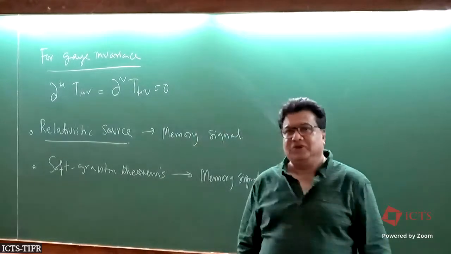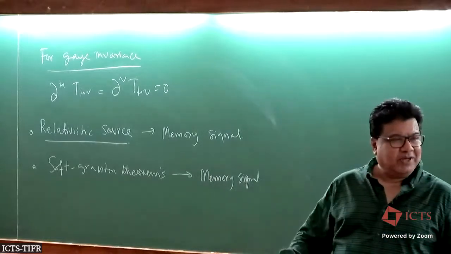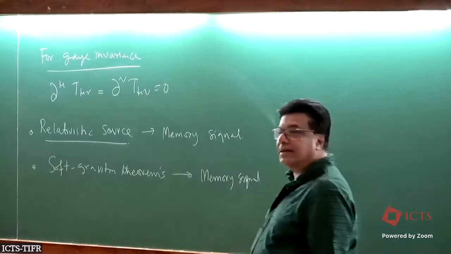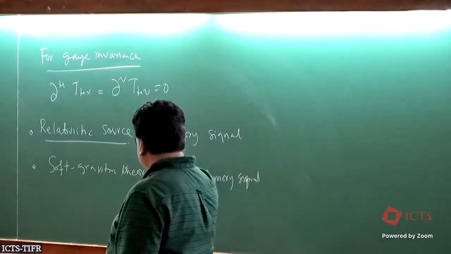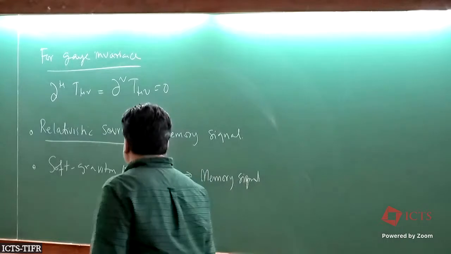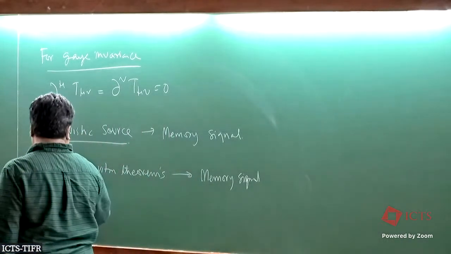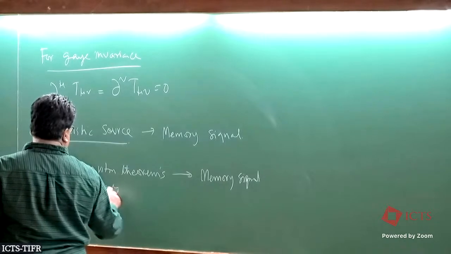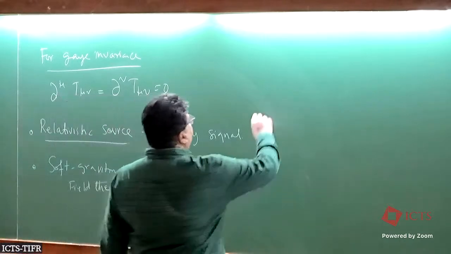So I'll show you that these two ways of doing things give you the same result. So that second one is the field theoretic way, the soft graviton theorem. This is the field theory. Okay, so let me then start.